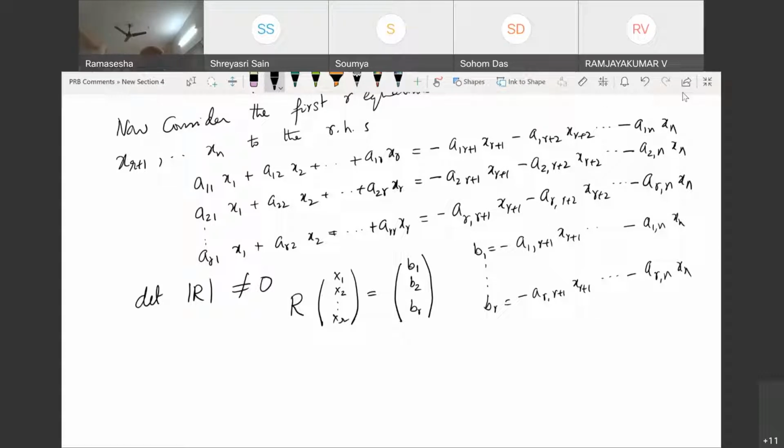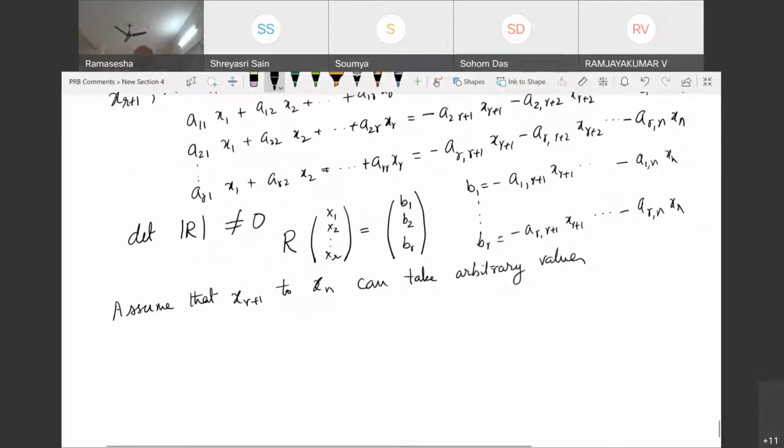Now assume that XR plus 1 to XN can take arbitrary values. Okay, so if they can take arbitrary values, what happens is the following.